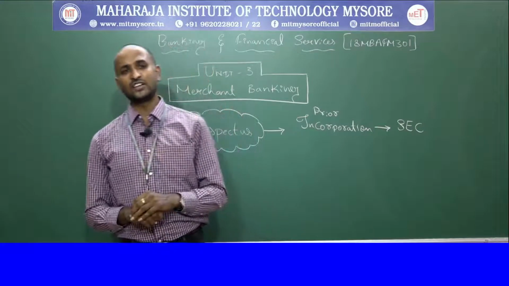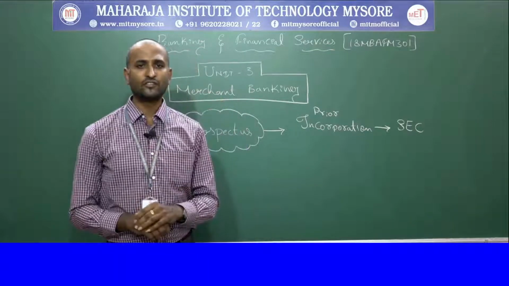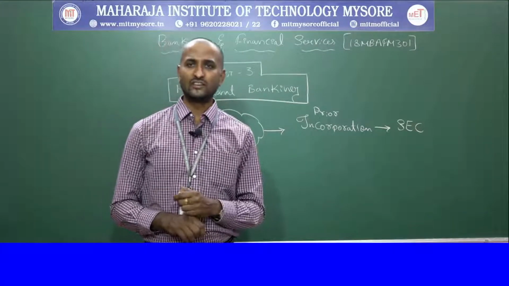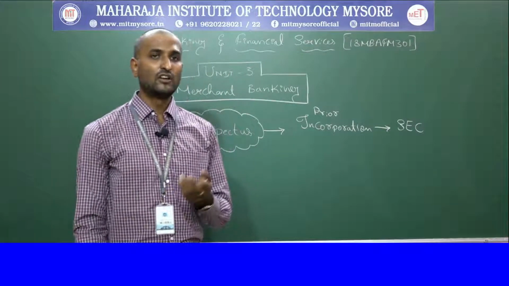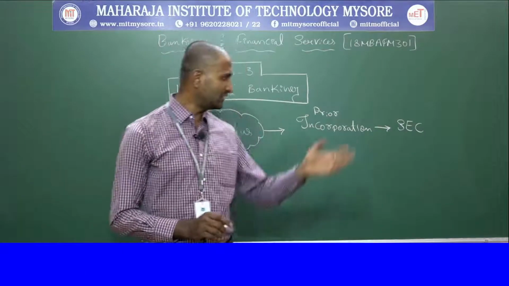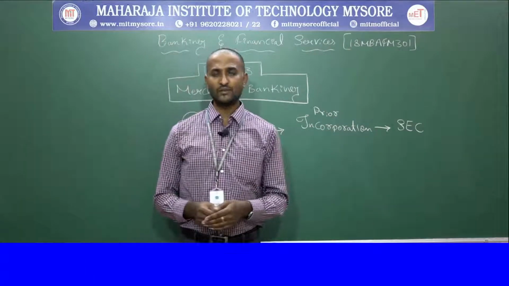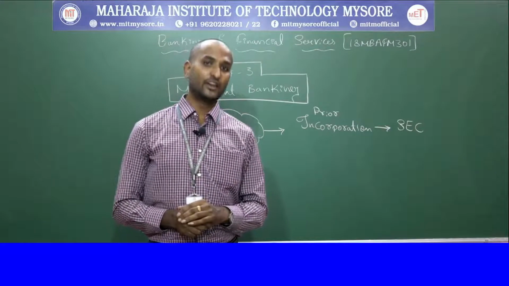The Securities and Exchange Commission has specific guidelines as to what is listed in the prospectus for various securities, because when the company is registered under the Commission, they are going to safeguard the interest of investors.